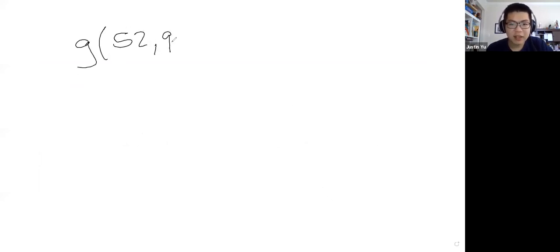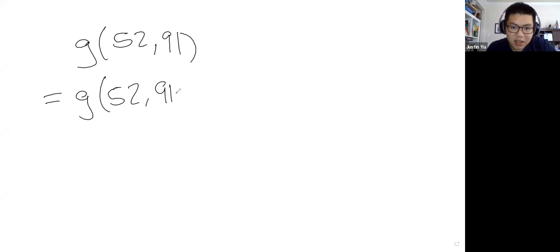So let's pick two numbers that look like 52 and 91. I'm just going to write a G instead of GCD because I'm being lazy right now. So it turns out that we can actually do this. The GCD shouldn't change even if we just subtract one of these numbers like that.